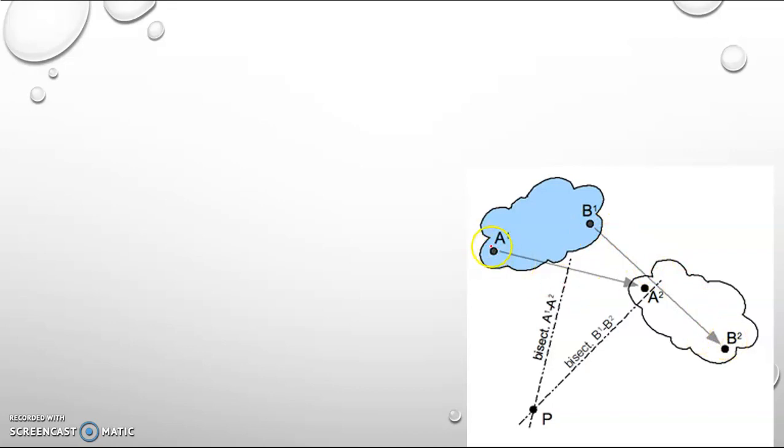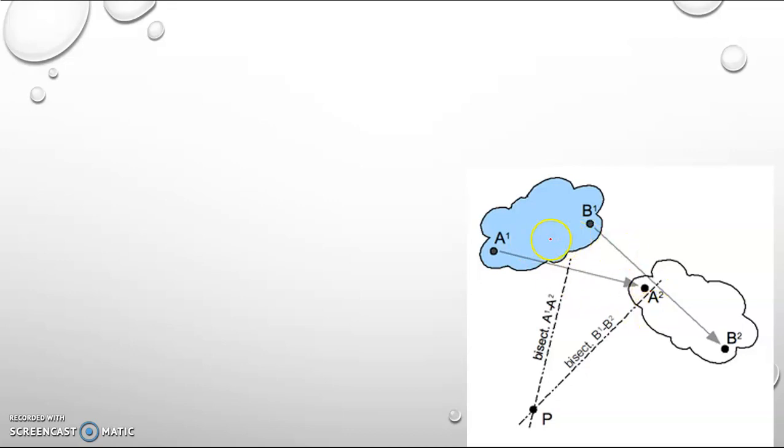Similarly, A moves from A1 to A2 along this line. So we draw the velocity lines of point A and point B. Then we draw the perpendiculars to these lines, and the point where these two perpendiculars meet is called the instantaneous center of these two instants.